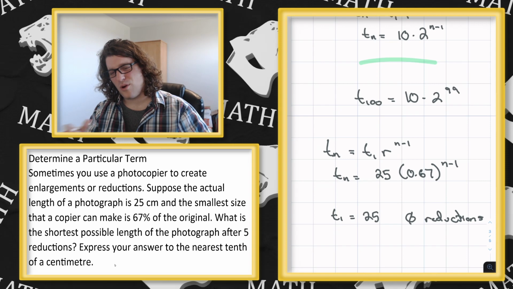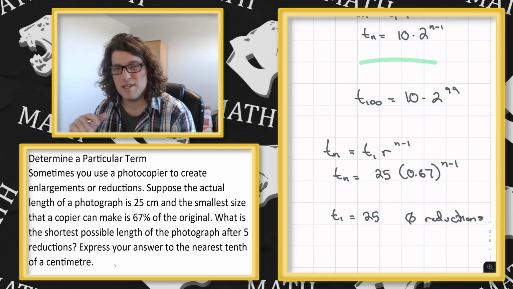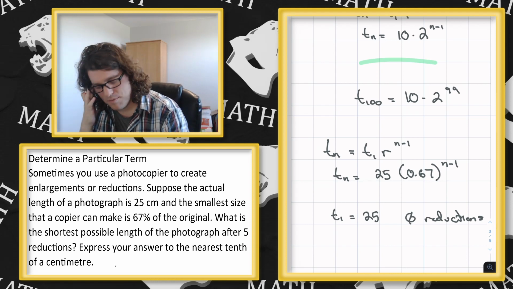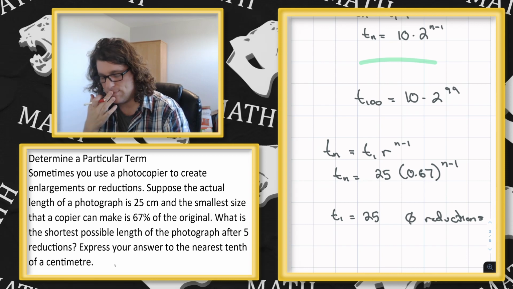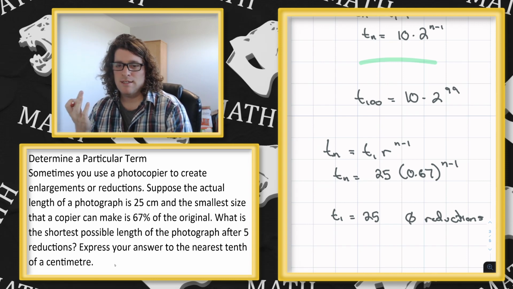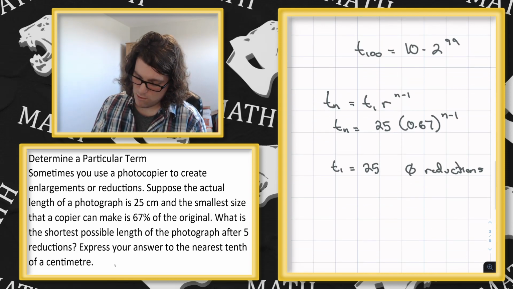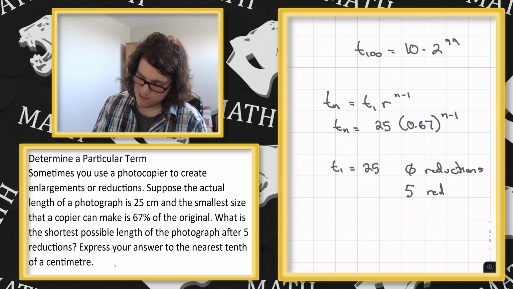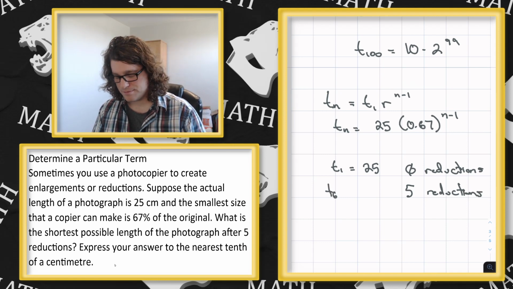Now, I could probably pick my T1 to be 0.67 times 25, and then everything lines up, and that would be okay. But I decided not to. I put 25 down as my original. And so because of that, I need to recognize that when I want 5 reductions to take place, 5 reductions for me is actually looking for T6.